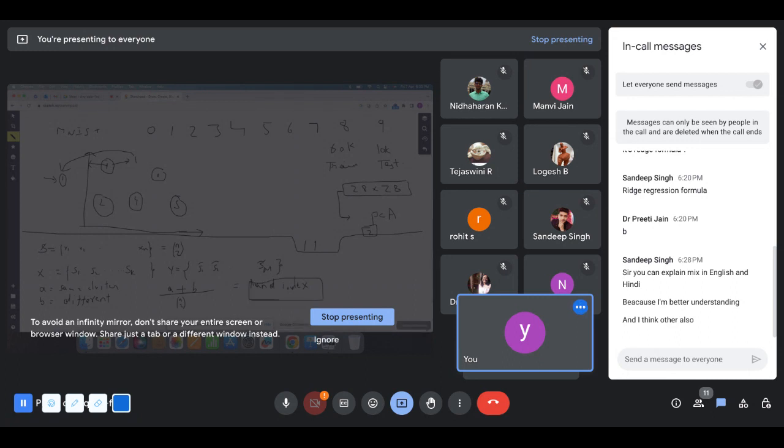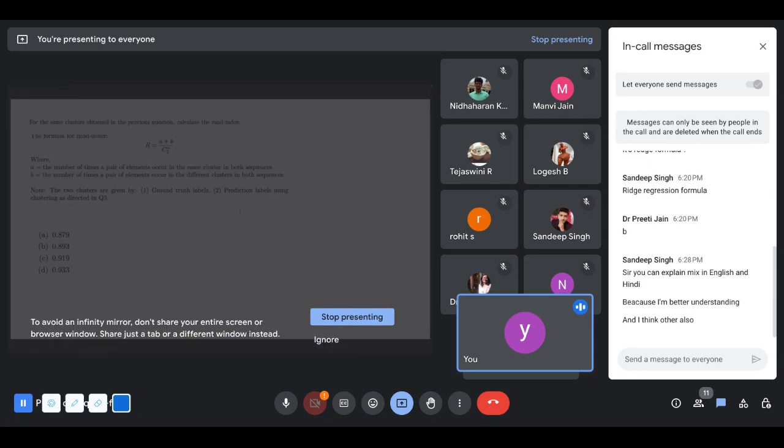Okay, so now you are given two clusterings. One is the ground truth, as in the earlier example. Another one is the clustering that you have come up with by running k-means. So what is the RAND index?